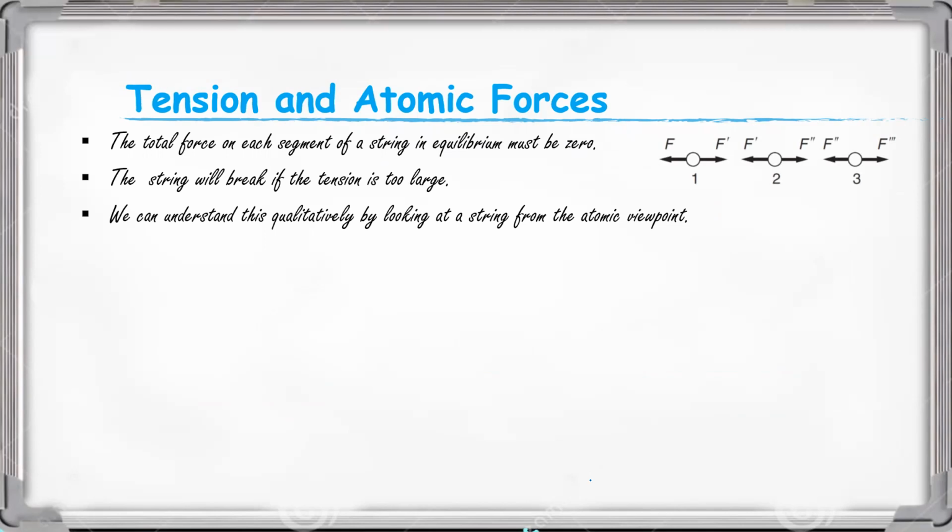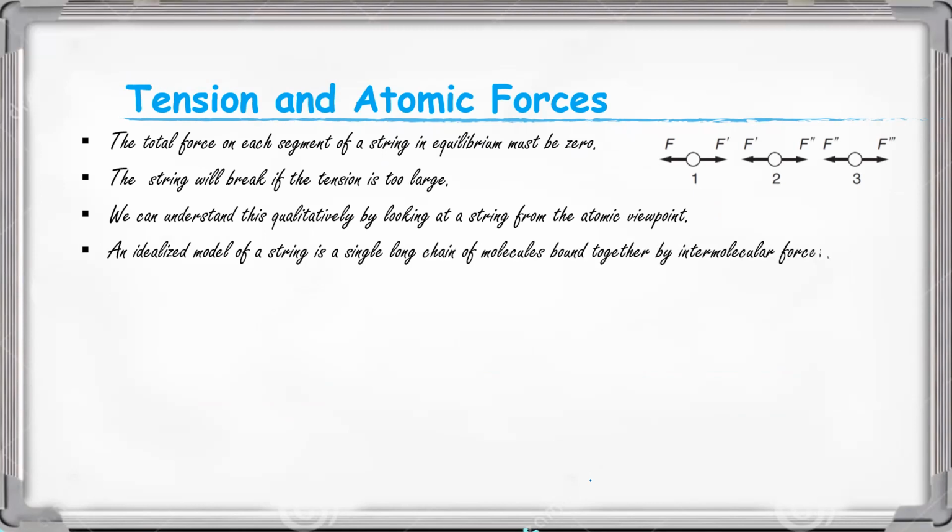Here we consider a string as made of some atomic points. So here an idealized model of a string is a single long chain of molecules bound together by intermolecular forces.